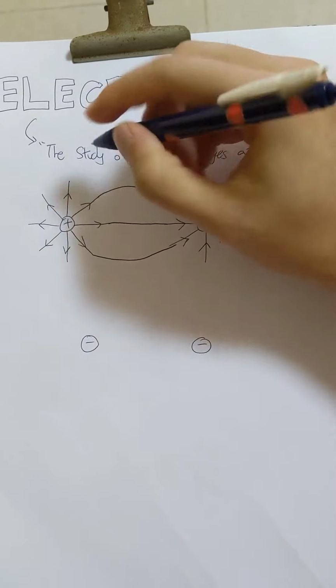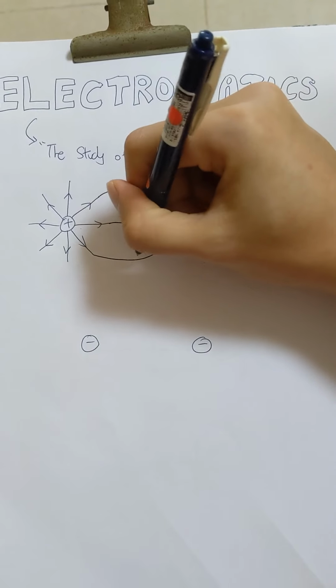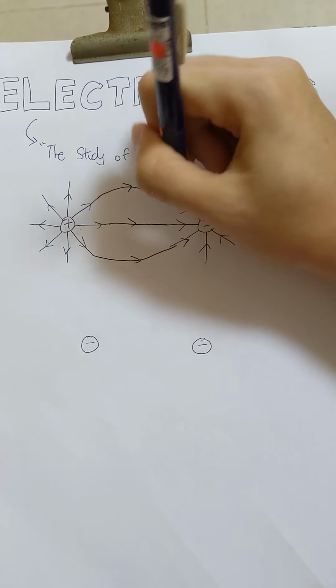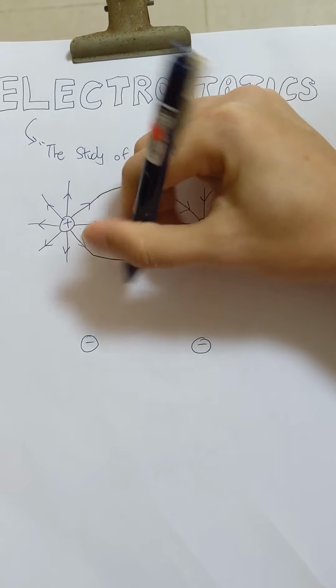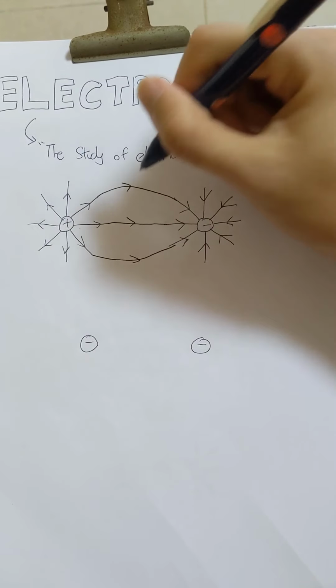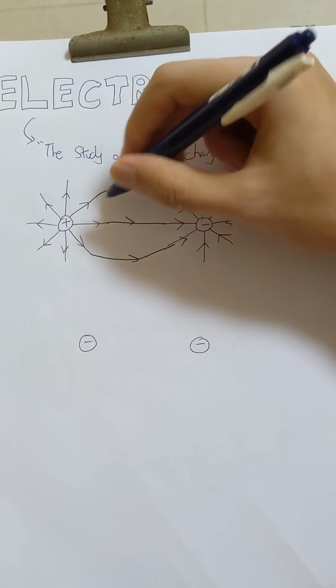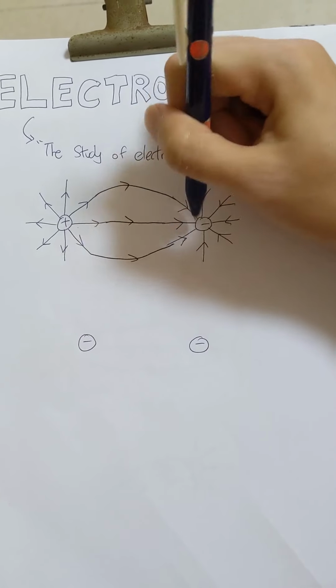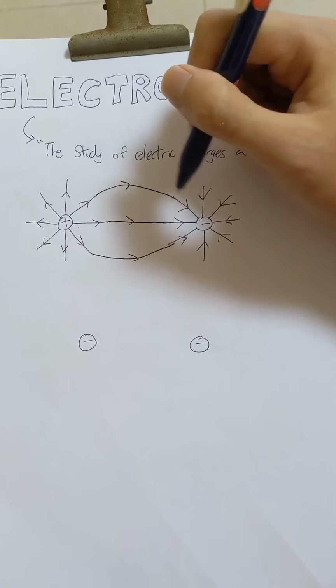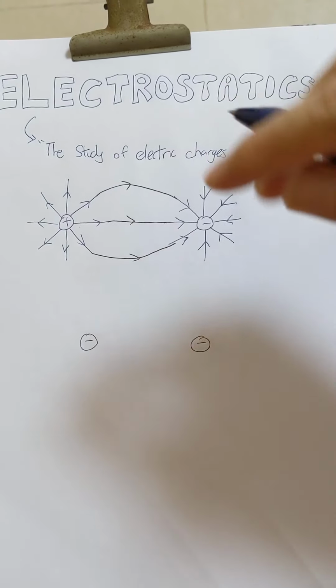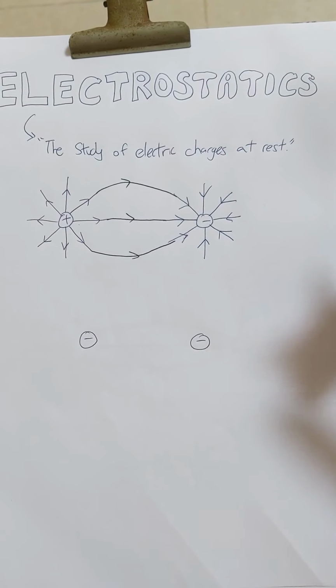The electric field lines they give out must continue between them, and they interact in such a way that they form a closed loop. This joining of the electric field lines explains why there is an electrostatic force of attraction between two unlike charges.